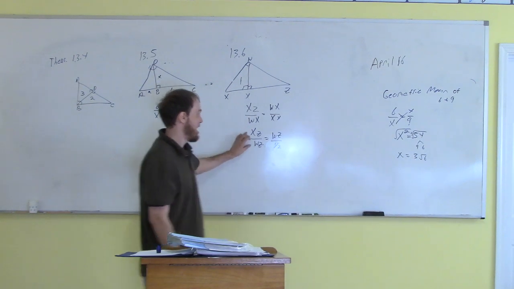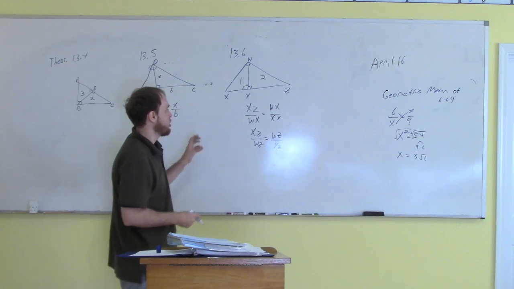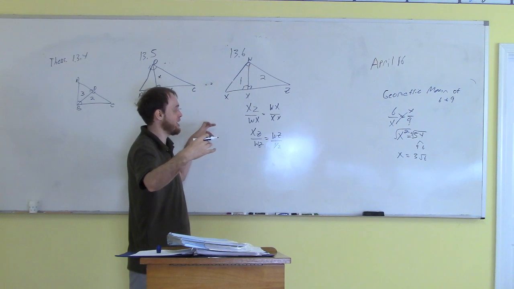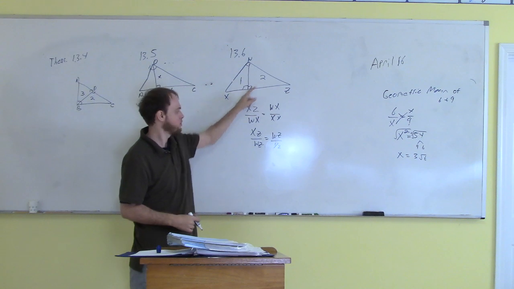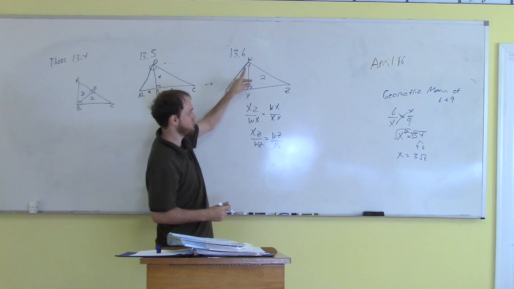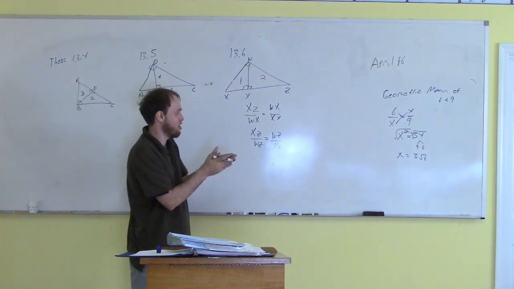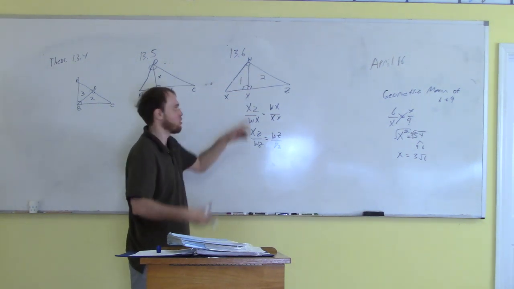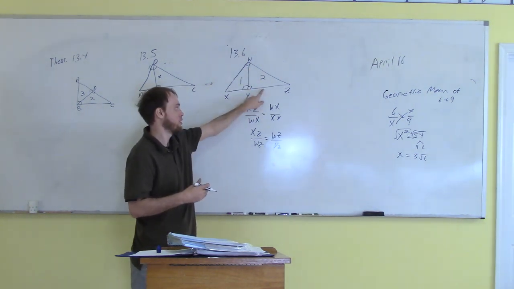All right? It works on the other side too. So if this was triangle 2, then you're going to do the hypotenuse of the big one, which is xz, over the hypotenuse of the small one, looking at the smaller triangle 2. So it's xz over wz. So wz is the hypotenuse of triangle 2. And that equals the other leg of the big triangle, which was wz, over the leg of 2, which was yz.